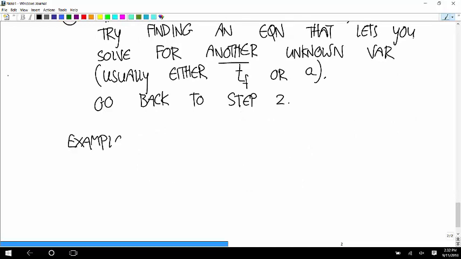So the first example. So let's say a car is traveling 40 meters per second and hits the brakes.